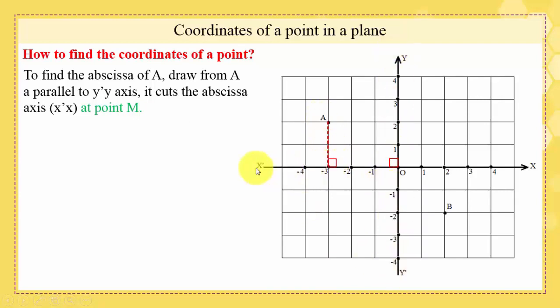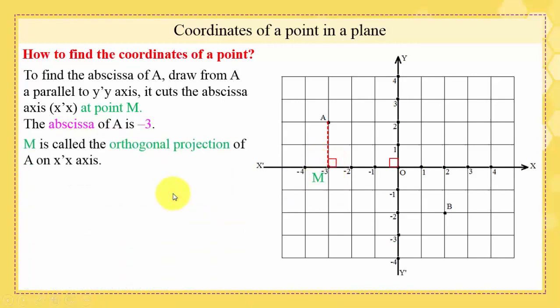It cuts the x prime x at a point which is called M. The abscissa of A is -3. M is called the orthogonal projection of A on x prime x.